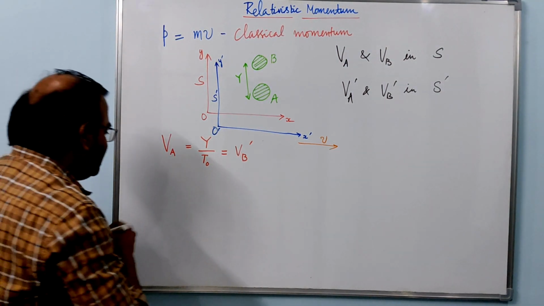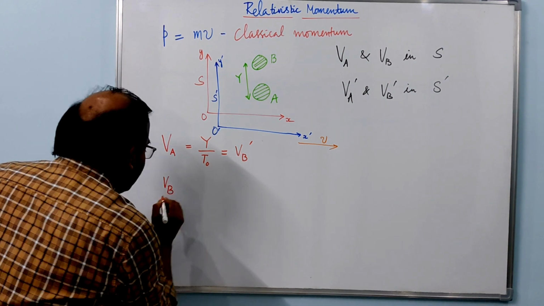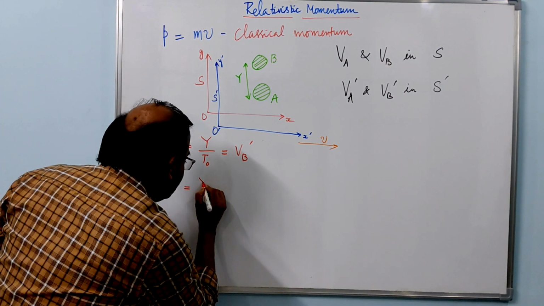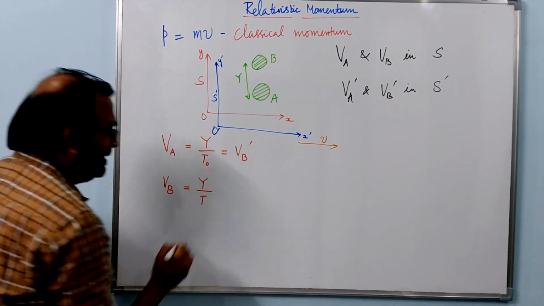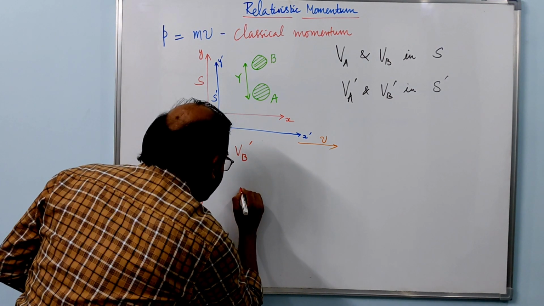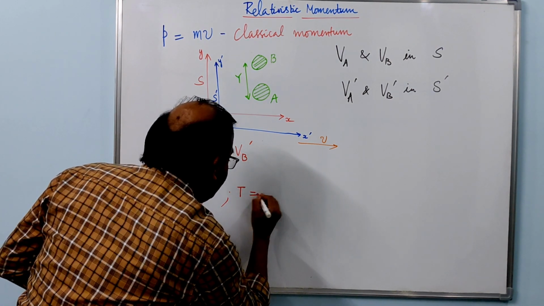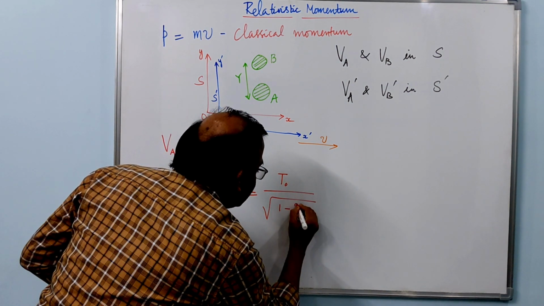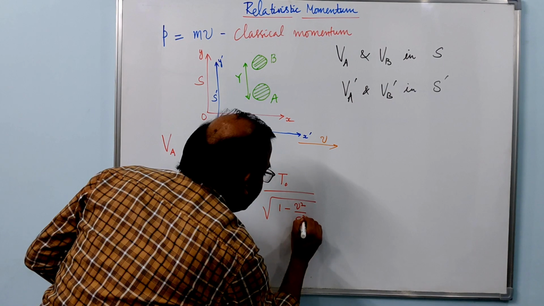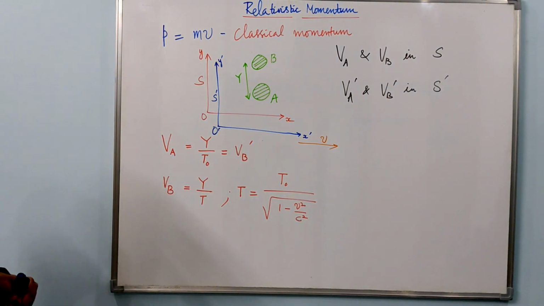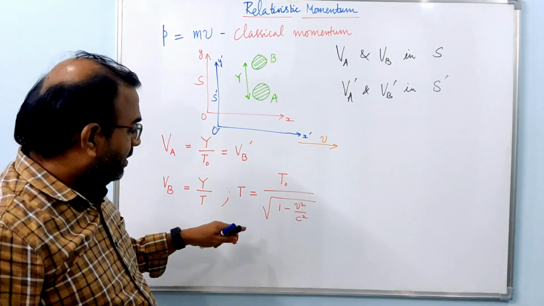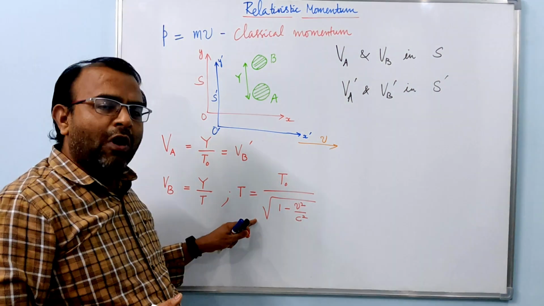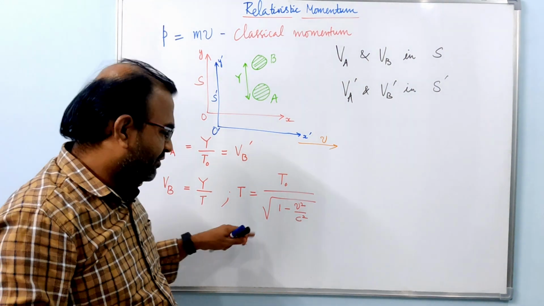Therefore we can write an expression for VB, the velocity of object B in S, as VB is equal to Y by T, where T is given by the time dilation expression with 1 minus V squared over C squared. Please do check out our video on time dilation in special relativity to know how we write this expression.